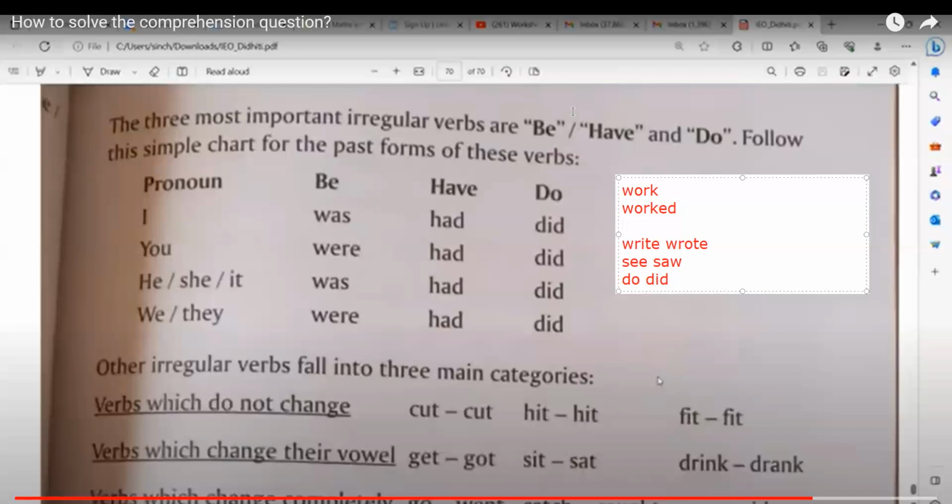Because often we cannot differentiate the genders of animals, whether it is she or he. So we often use it even for an animal. Is it clear, Amuttu?